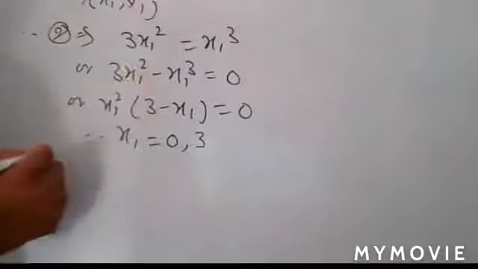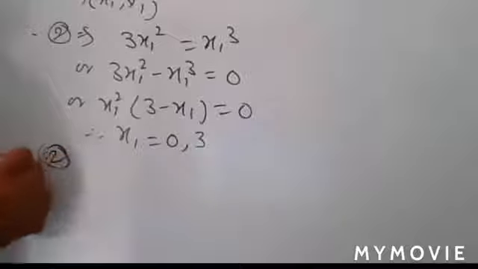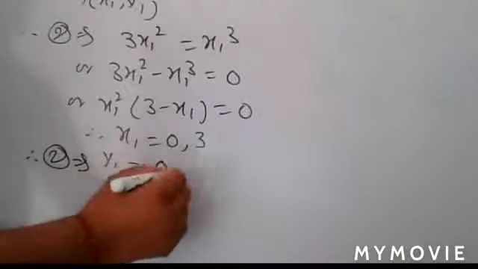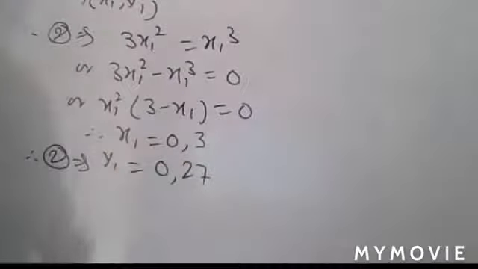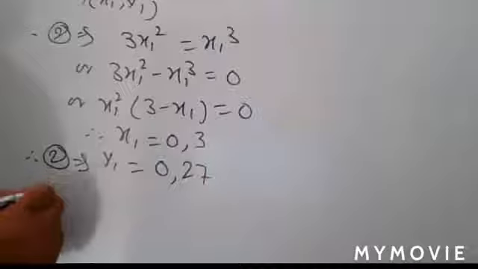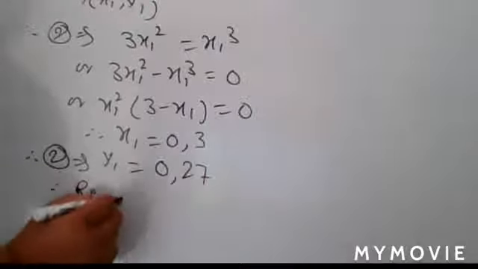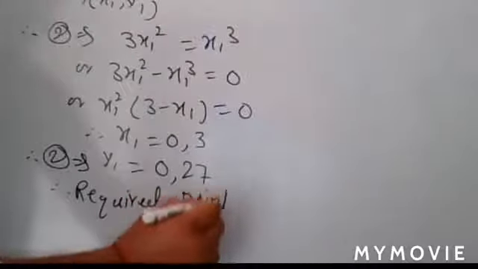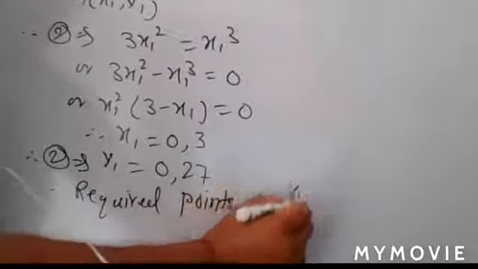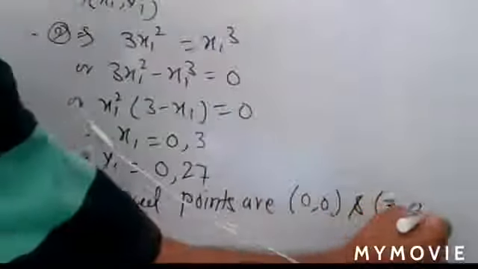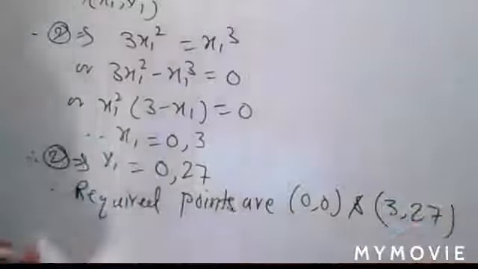Now put it in the second equation. So second implies y1 is equal to 0 and 27. Understand? Now you have your required point. So the required points are (0, 0) and (3, 27).